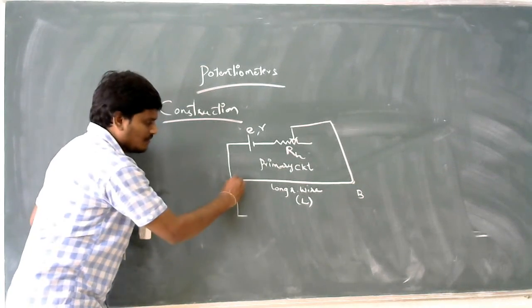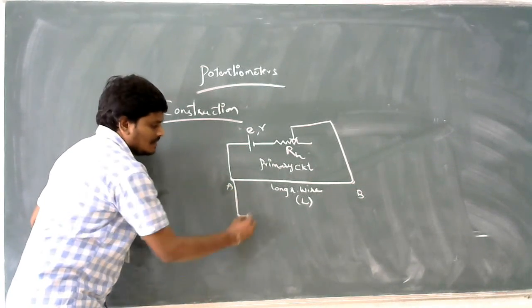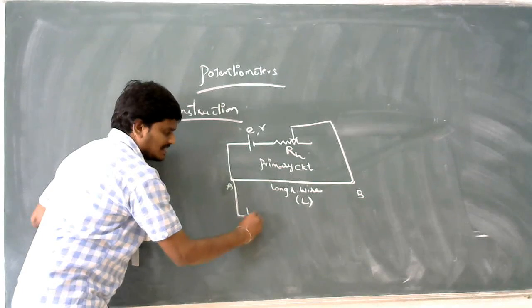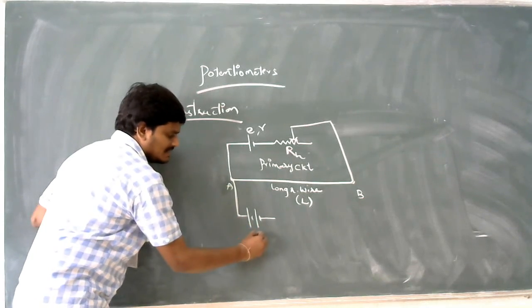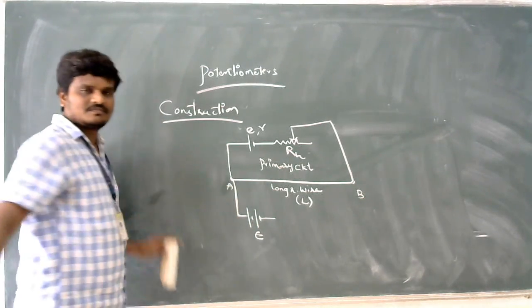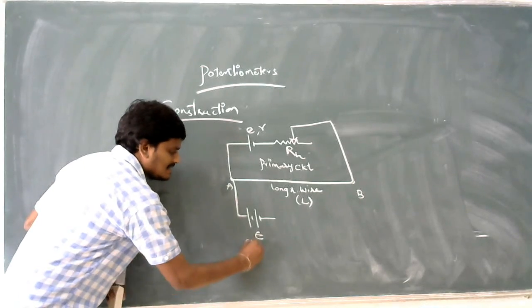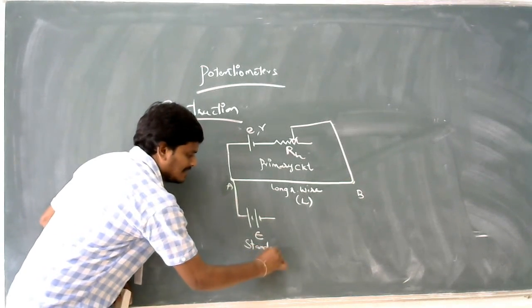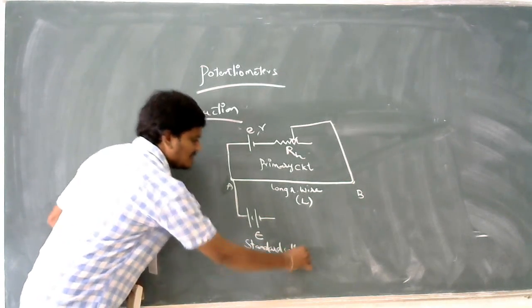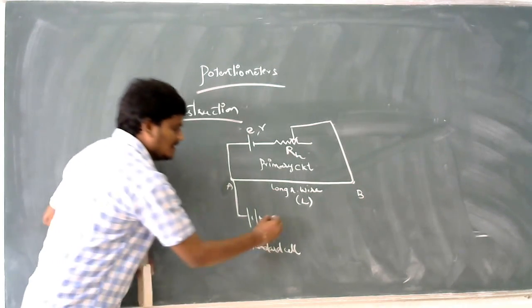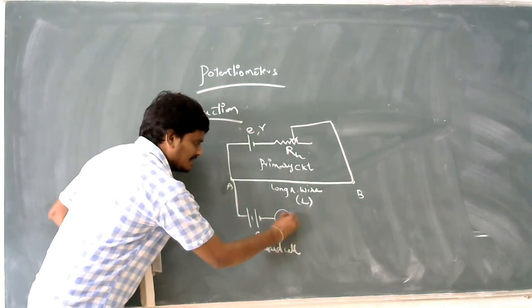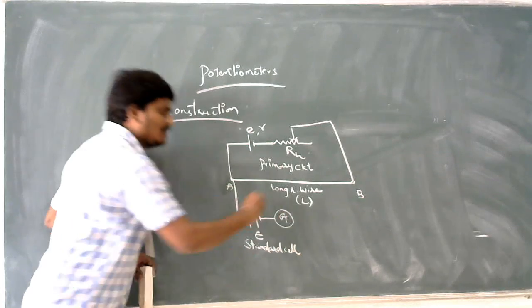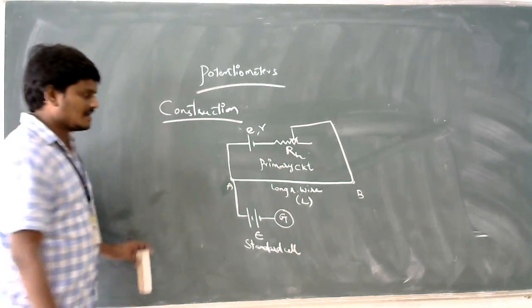Now I am going to form one more circuit with the help of a standard cell voltage, represented as capital E, where the other end of the standard cell is connected to a galvanometer.